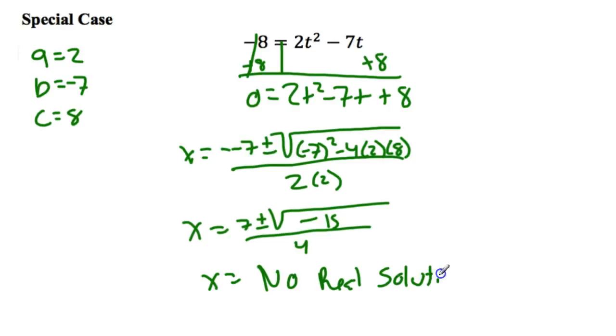We're talking about it right now, but you're going to really talk about it in Algebra 2. If you graph this, you might look at something like this. A parabola that does not cross the x-axis. It doesn't touch it. So that's why there's no real solutions. And again, you'll get more in depth with that in Algebra 2.